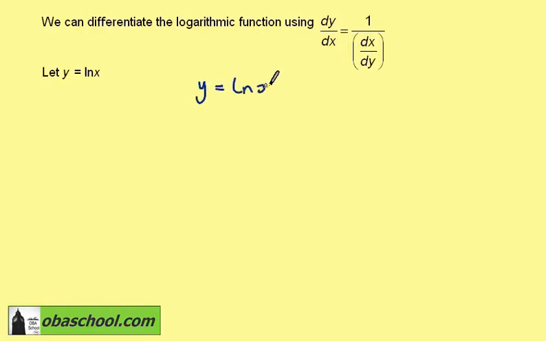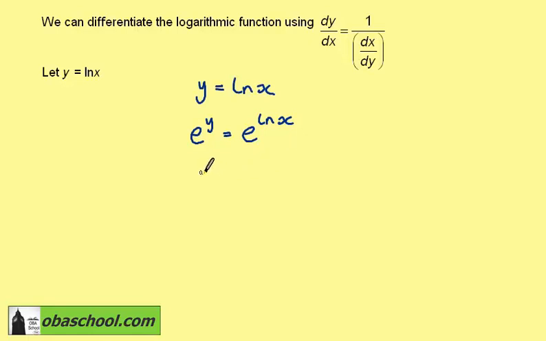If y is equal to ln x, then since the exponential function is the inverse of the logarithmic function, we can have e to the y is equal to e to the ln x. We've taken the exponential function of both sides of the equation.